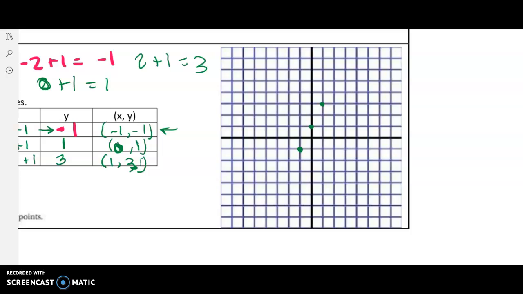Don't just put the dots on the graph. We have to turn it into a line. We know that we are solving linear equations and graphing linear equations. So that means that we are going to turn this into a line by connecting all 3.